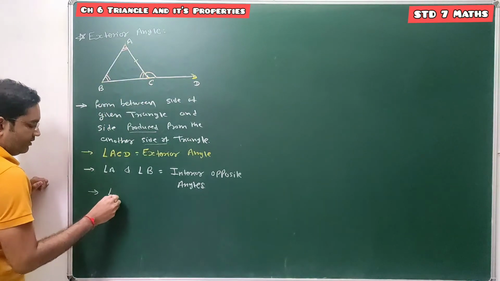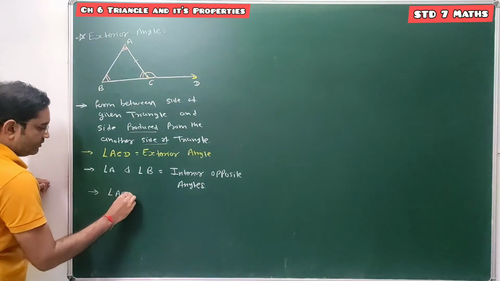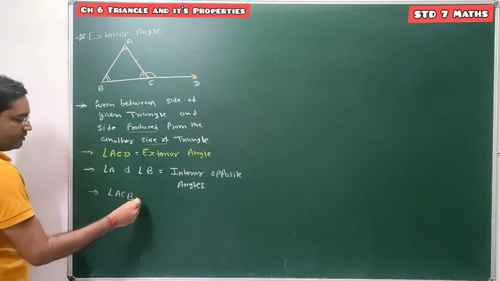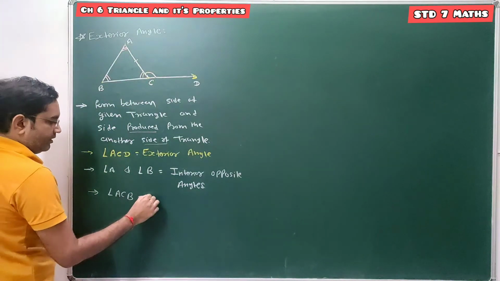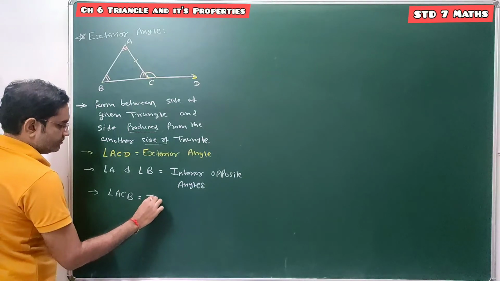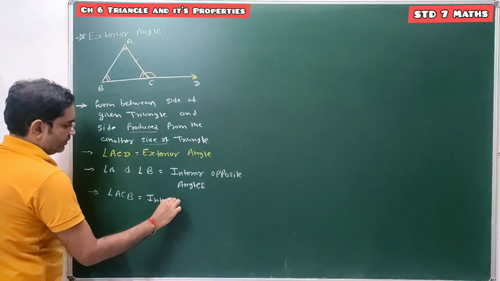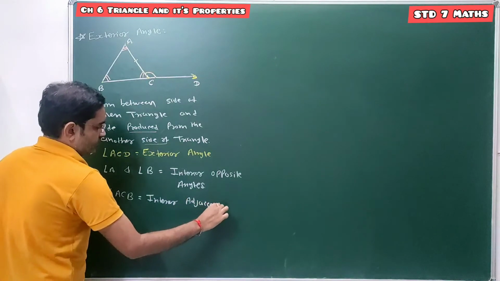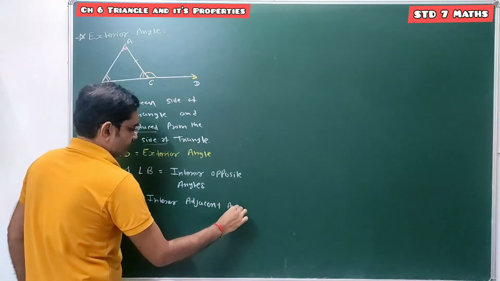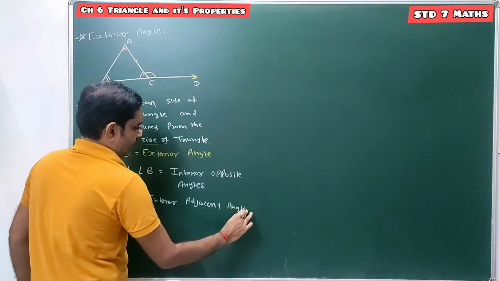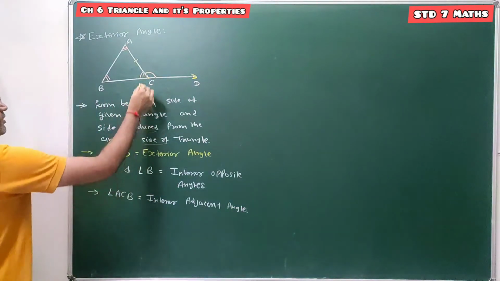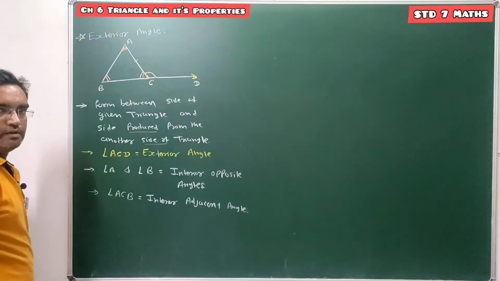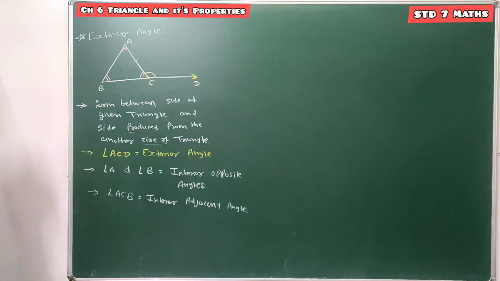Here we say angle ACB. This angle is known as the interior adjacent angle. It is the adjacent angle to the exterior angle, so it is known as the interior adjacent angle. Clear, students? And the property is there.